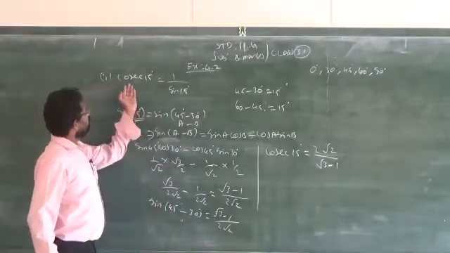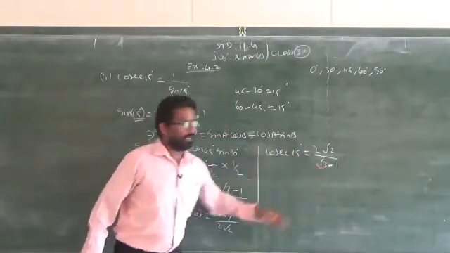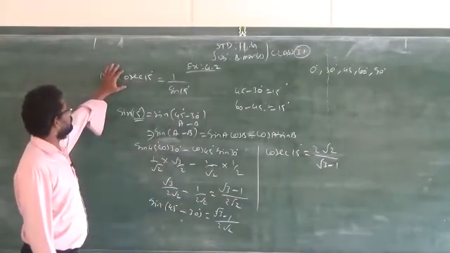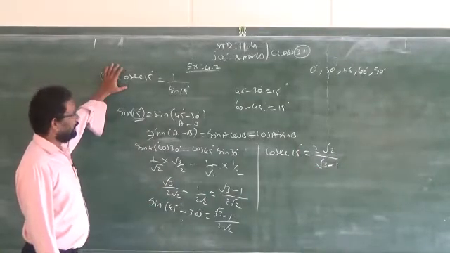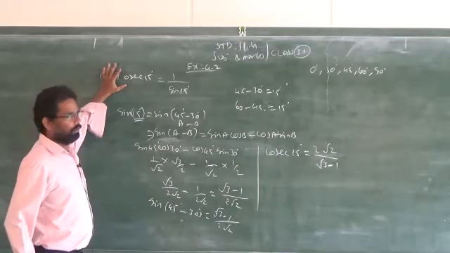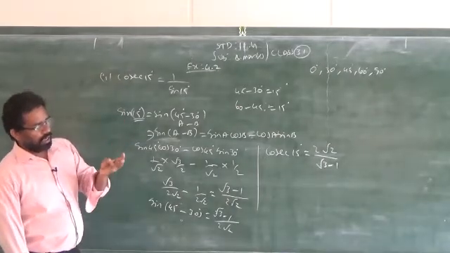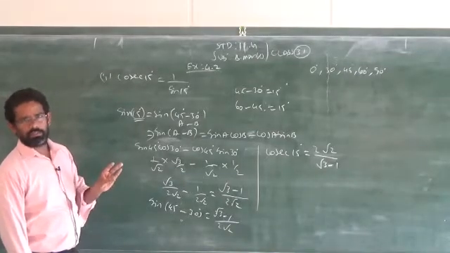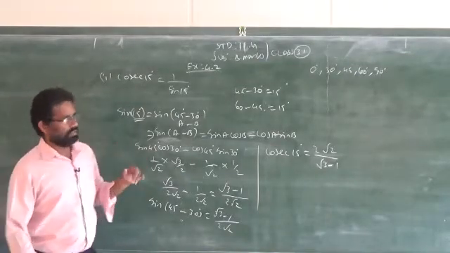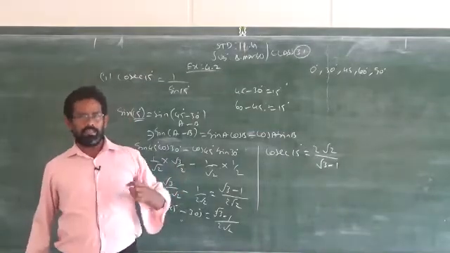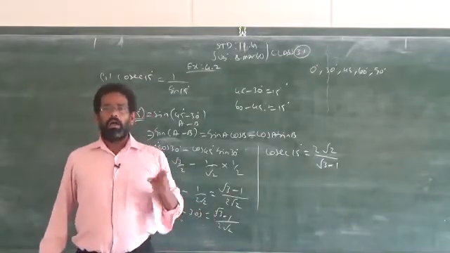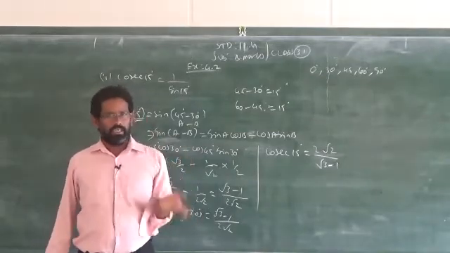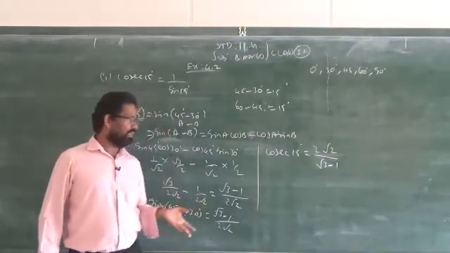Clear? So, cosecant 15 degree is equal to 2 root 2 by root 3 minus 1, because we do not have a formula straight away for cosecant A minus B. We have formulas only for sine, cos and tan. So, only these three we have formulas. We do not need the rest of the ratios' formulas, because the reciprocal of sin theta is cosecant theta, the reciprocal of cos is secant theta, the reciprocal of tan is cot theta.